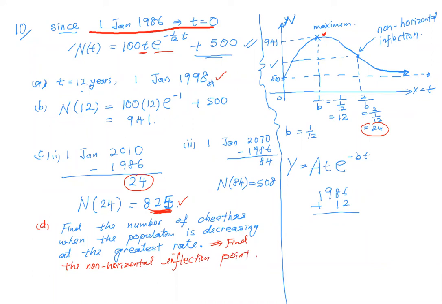Are you clear? So the answer will be exactly like C. But this time you have to get the T and then only substitute into the population formula to get the number.